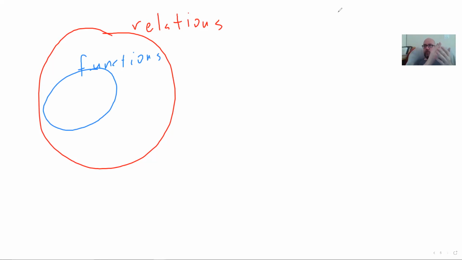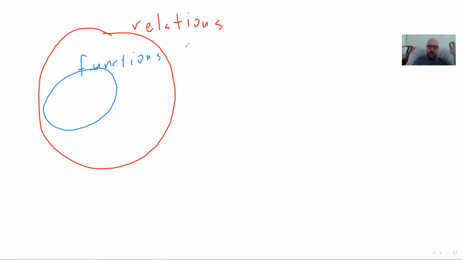So 0, 2, 4, 6, 8, 10, those are all numbers. So all even numbers are numbers, but not all numbers are even numbers. Or like, all pianos are musical instruments, but not all musical instruments are pianos.